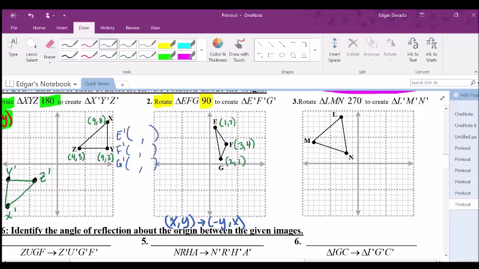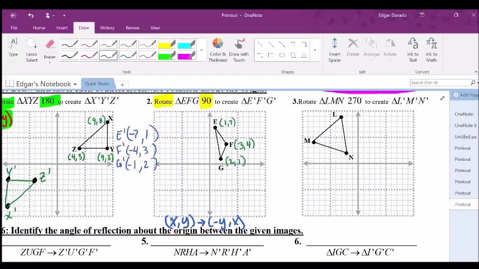So I have to basically make my y a negative. So this (1, 7) for E is now going to be (1, negative 7), but I have to switch them, so it's really going to be (negative 7, 1). Next one is going to be F, that's going to be (negative 4, 3). So not only do I make the first one a negative, I have to switch them. And then same thing here, (negative 1, 2).